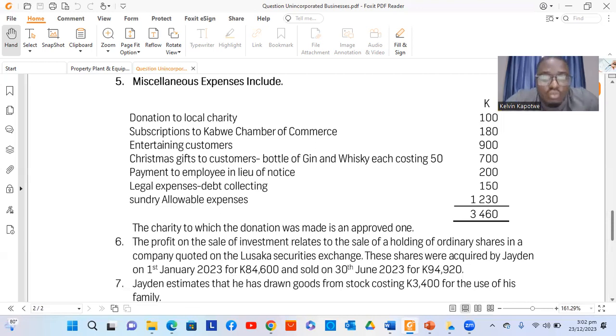Christmas gifts to customers. Christmas gifts or gifts in general, gifts and entertainment in general, gifts are allowed only when they bear a prominent marketing or a prominent advertising feature for the donor. All right.